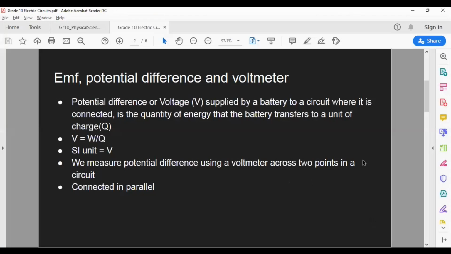Now, we measure voltage or potential difference in a circuit across two points using a voltmeter. A voltmeter is a piece of apparatus that you would have seen had you been in school and doing your practical, because this is a very concentrated section in physics.